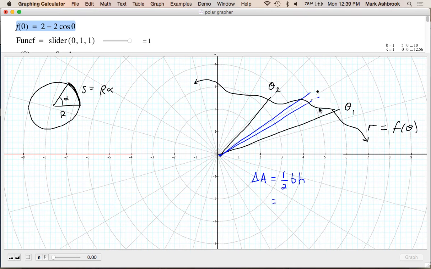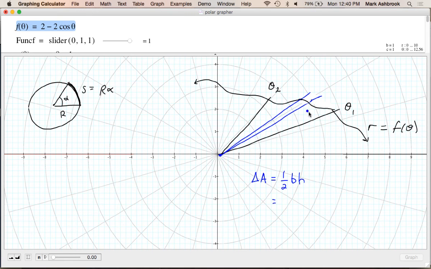The base of this triangular sliver. Isn't the base going to be delta theta, a small change in theta? But that's a length, not an angle measure. For the same change in theta, your length here is a lot shorter than your length out here. So you have the right idea, but you can't measure a length with a change in angle. So it needs to be a length.